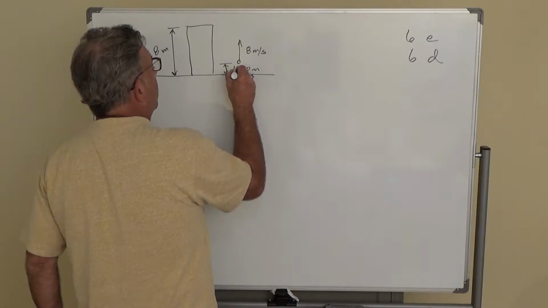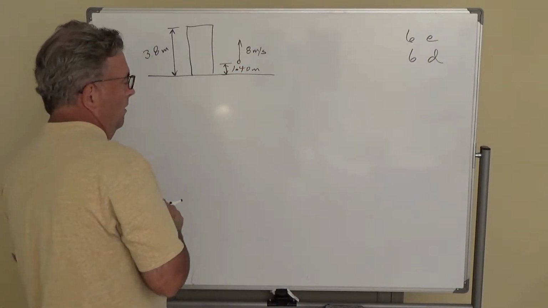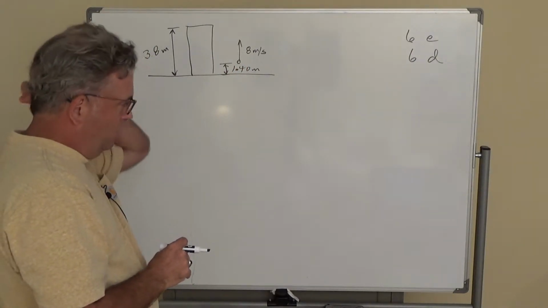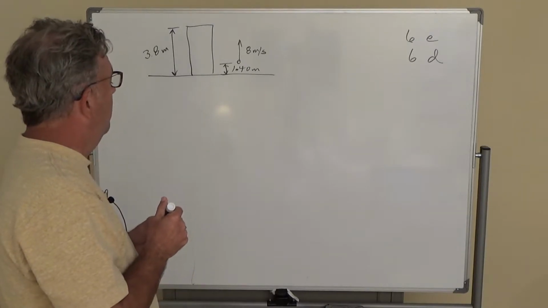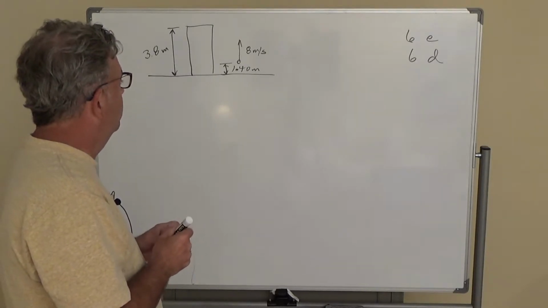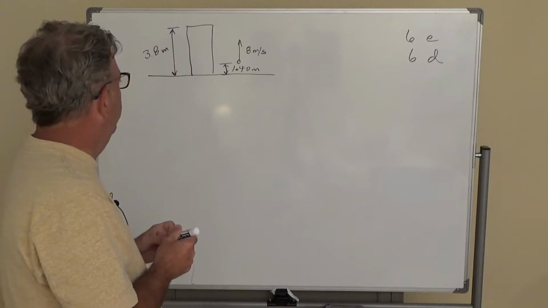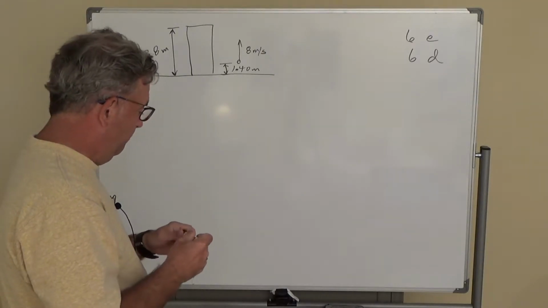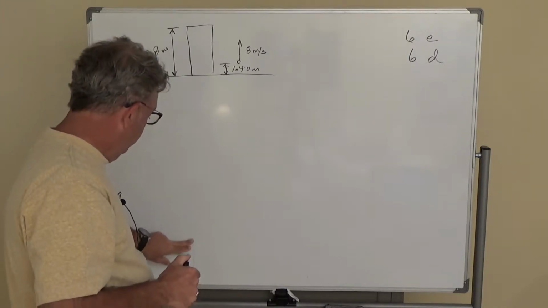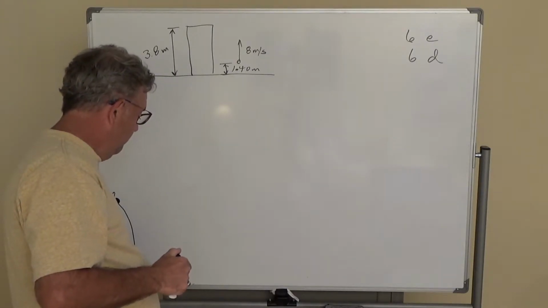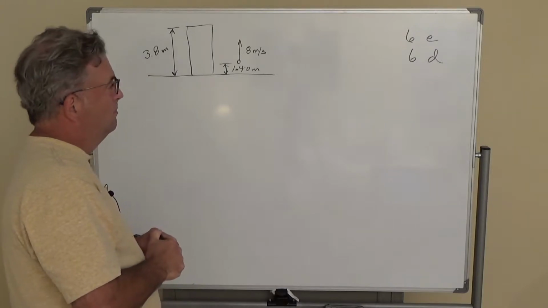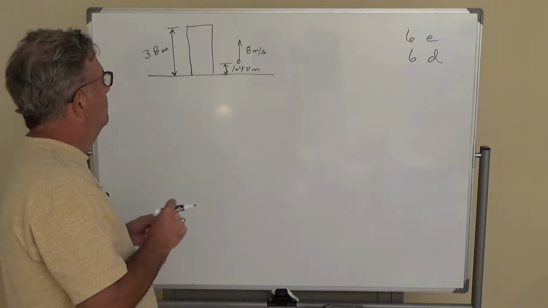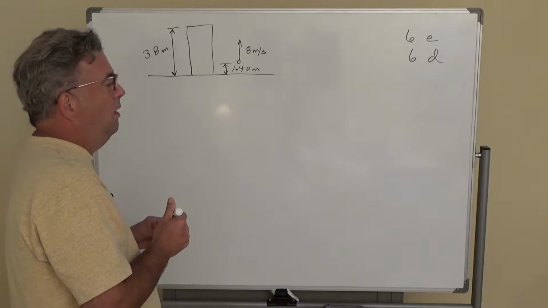Okay, so I think the first part says, will the rock reach the top of the castle, right? So did you have any trouble with that? I used the distance formula for that. Okay.